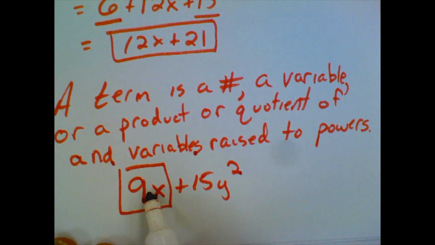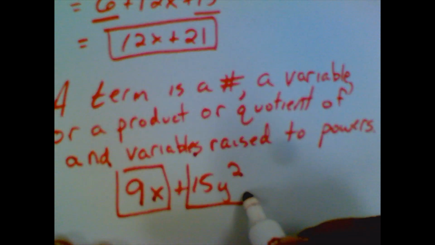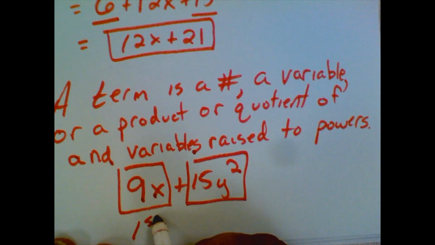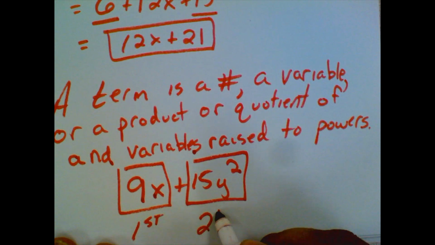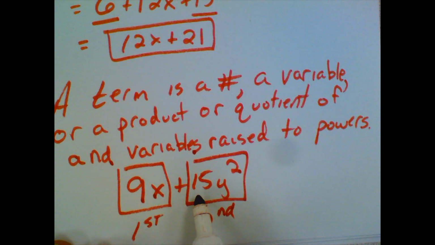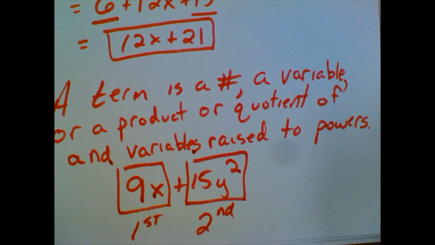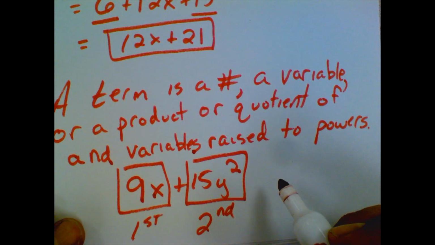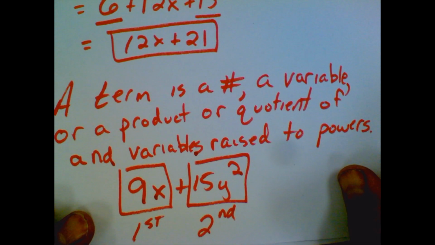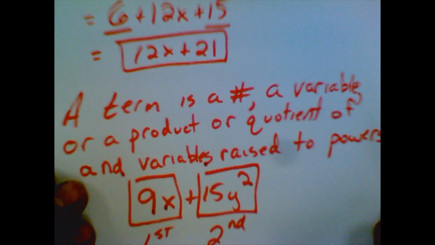Okay, see there's a product, there's a variable, there's a constant. It's separated by an addition sign. And a second term, so this would be the first term, this would be the second term, and the terms are separated by addition or subtraction. Okay? So, we'll talk more about terms as we go along with other examples here.